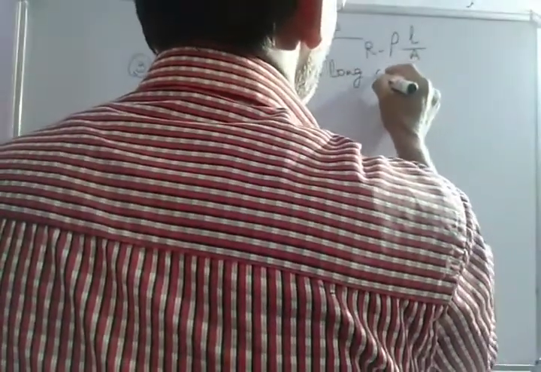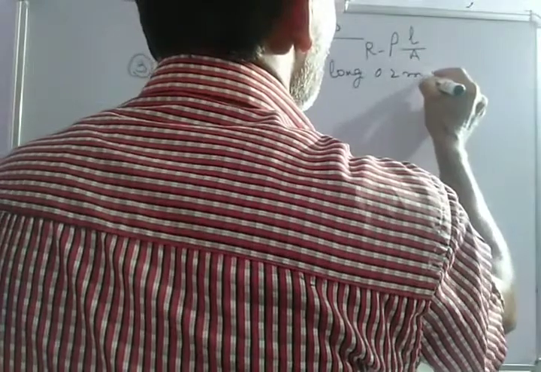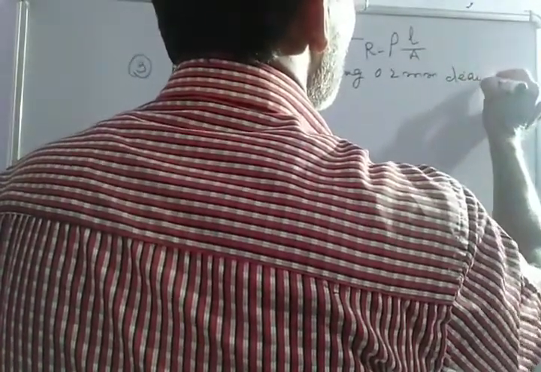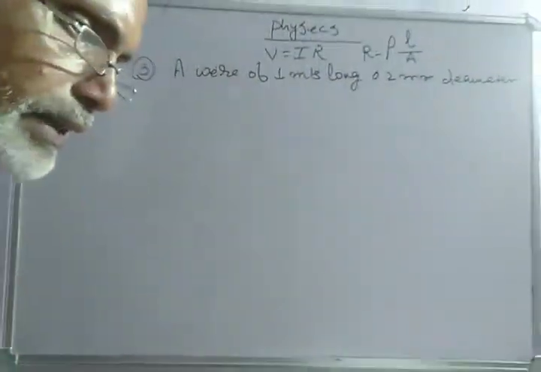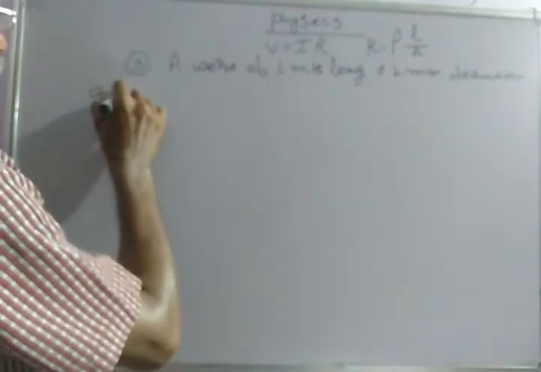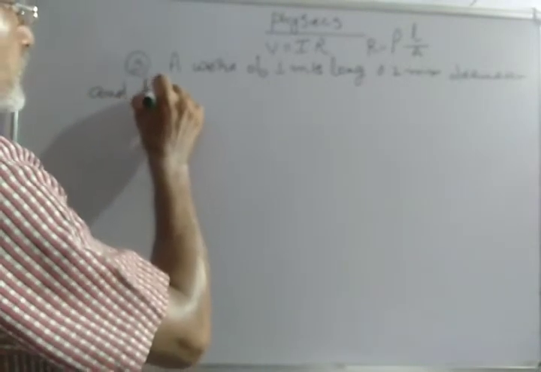A wire of 1 meter long, 0.2 millimeter diameter, and has a resistance of 10 ohm.